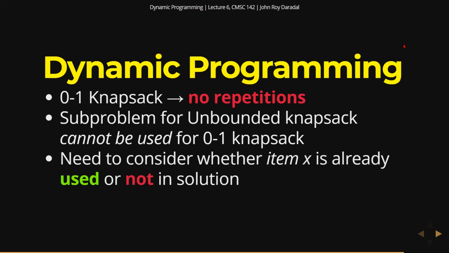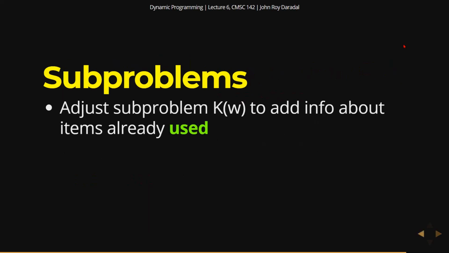Okay? So we need to consider whether item X has already been used or not in the solution. So we have to be aware whether I have used item X already or not, because if I've already used it, then I cannot use it again. If I haven't used it yet, then I could possibly add it to the solution, right? So we will adjust the sub-problem to add information about the items that we've already used.